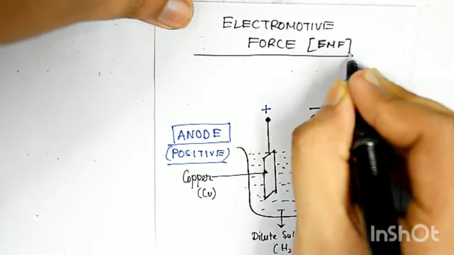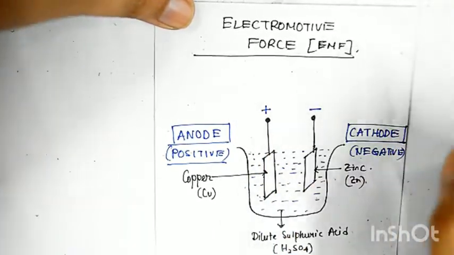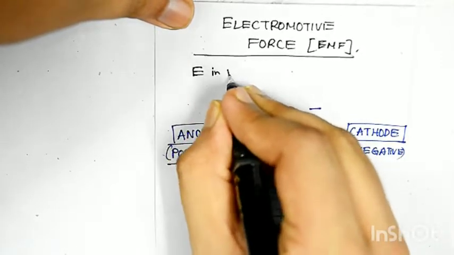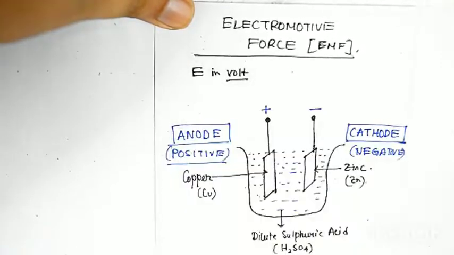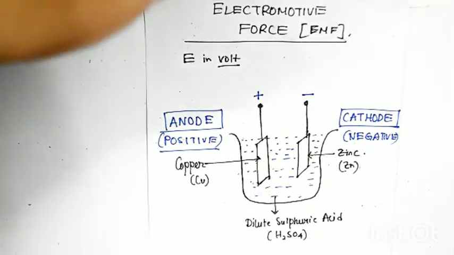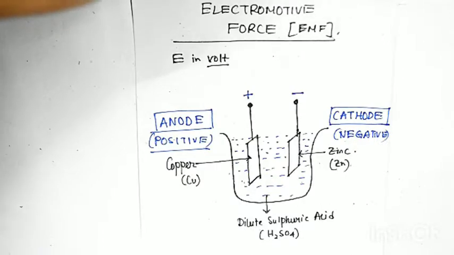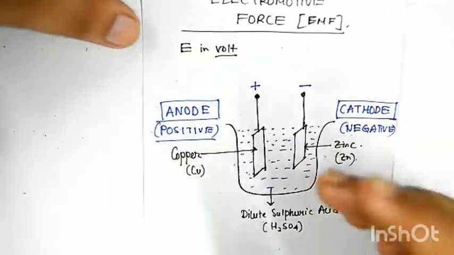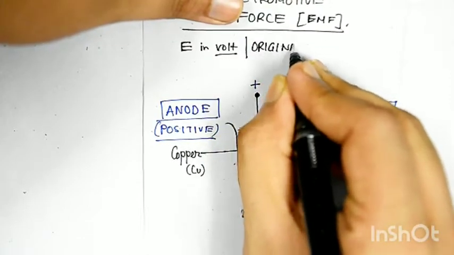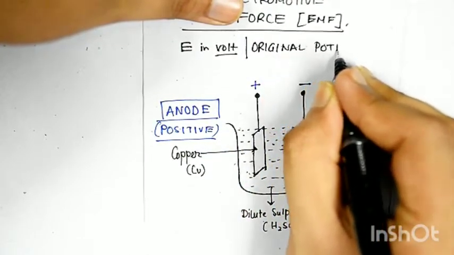or in short, EMF of a cell. The electromotive force is usually expressed by the symbol E in volts, because it is a sort of potential difference. Clear? So this is the basic idea of electromotive force. Electromotive force is actually the original potential difference.